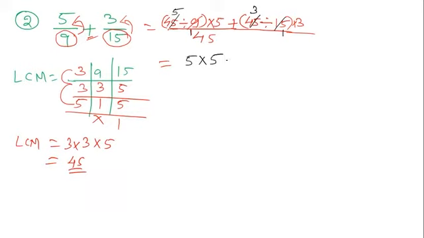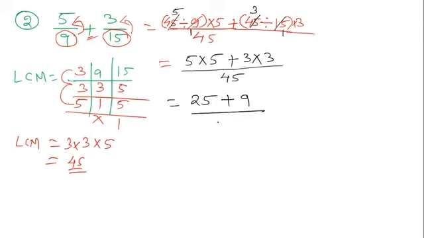In the second bracket, here plus sign, we got 3 multiplied by 3. Denominator is 45. So 5 fives are 25 plus 3 threes are 9 divided by 45. 25 plus 9 is 34 divided by 45.